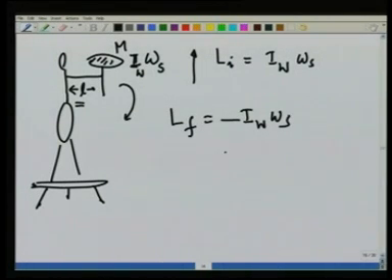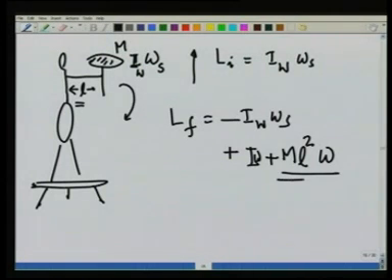Therefore, I have to start moving. Let my own moment of inertia be I, plus there will be a moment of inertia of the wheel, m L square. Or you can say the angular momentum of the wheel is the angular momentum of the center of mass plus the angular momentum about its center of mass, plus my own angular momentum.